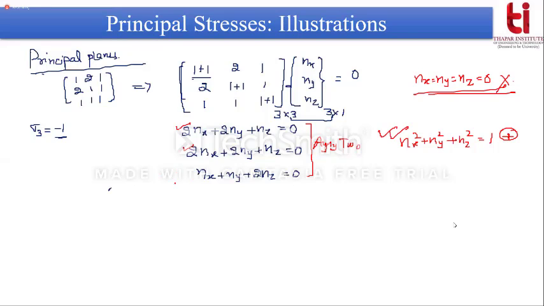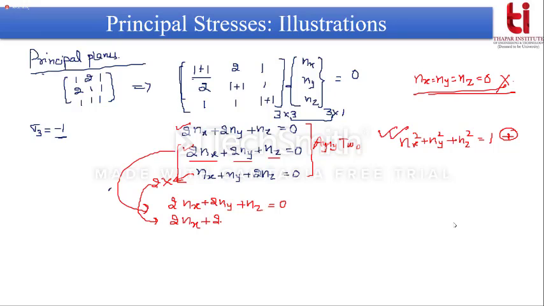Okay, so let us. I'll not solve this; I think there is no need to solve, you can easily make out that nz is equal to 0 from these two equations. Let us say I keep this equation as it is, 2nx plus 2ny plus nz equal to 0, and I multiply the other equation by 2, and I get 2nx plus 2ny plus 4nz.